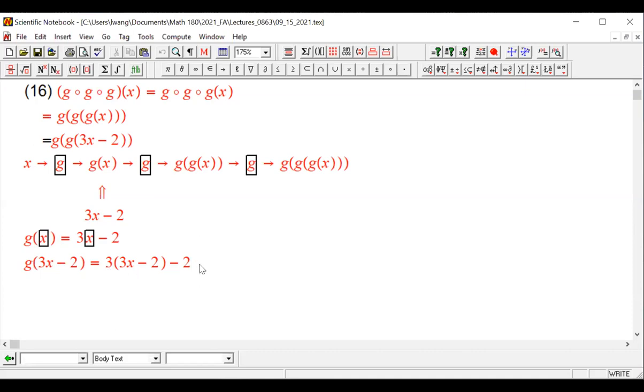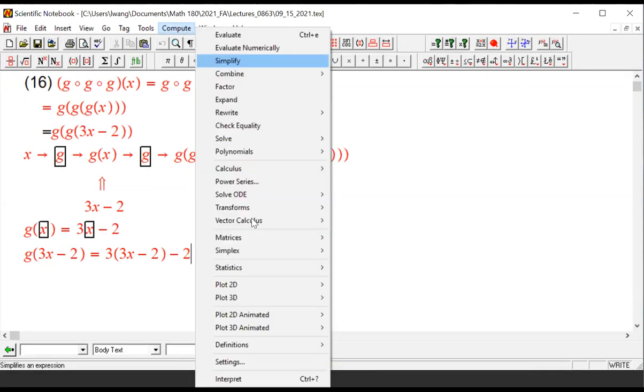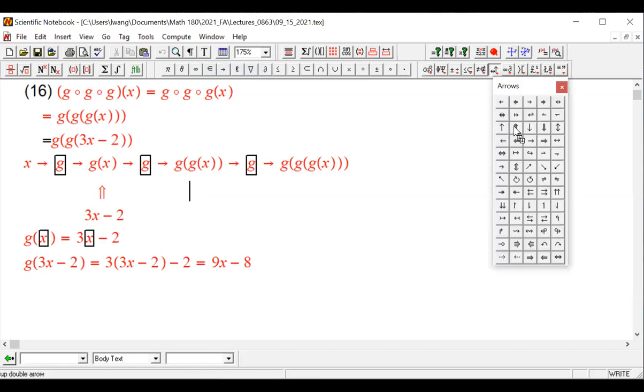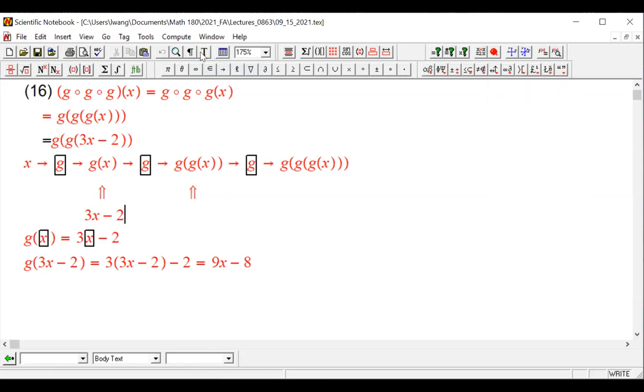As a result, if you simplify, opening up the parentheses, you get 9x minus 6 minus 2, which is 9x minus 8. So the second round, the output is 9x minus 8.